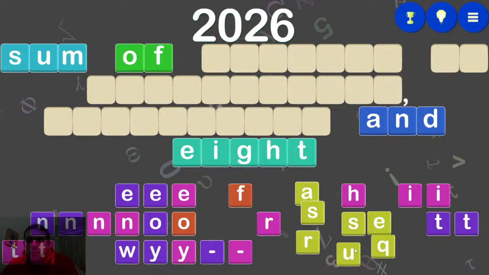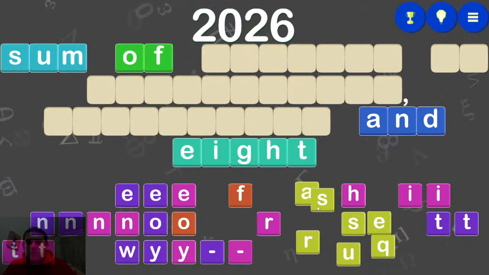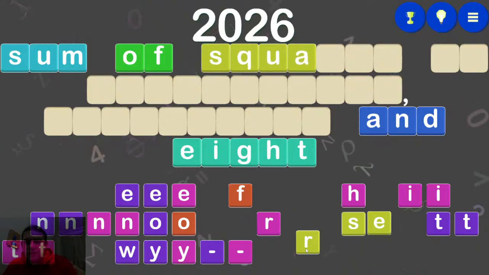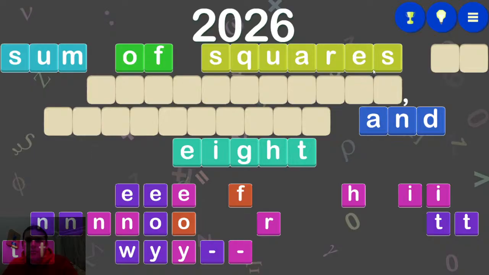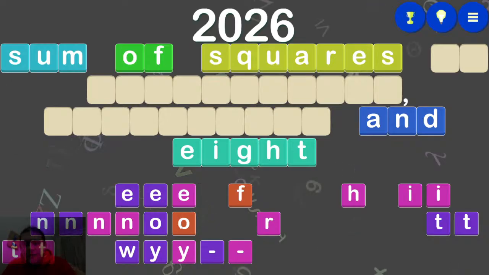This looks like squared. Yeah? How do we... Where can we place this? Squares. Ah, some are squares. Not squared, but squares. And another of.